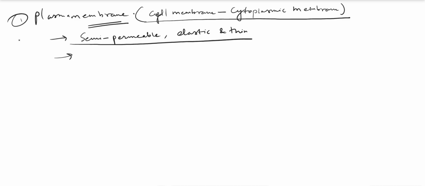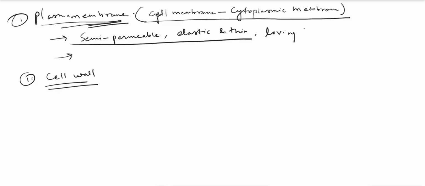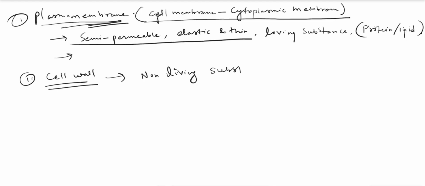The second one is cell wall. Plasma membrane is made by living substances, that is protein and lipid, whereas cell wall is made by non-living substances, that is cellulose.